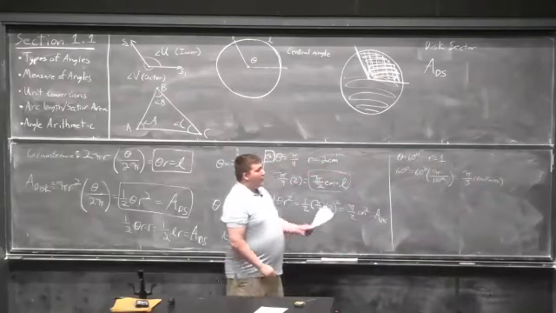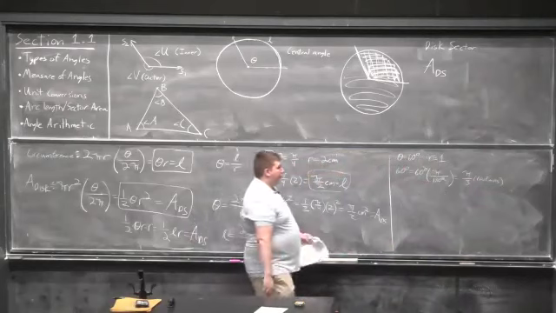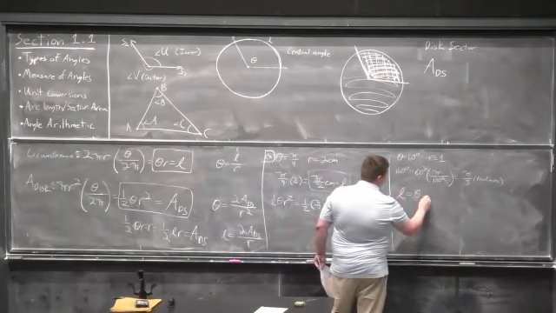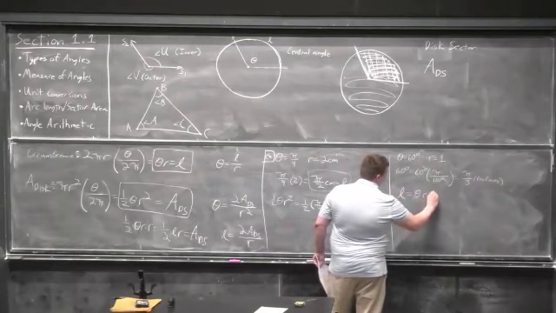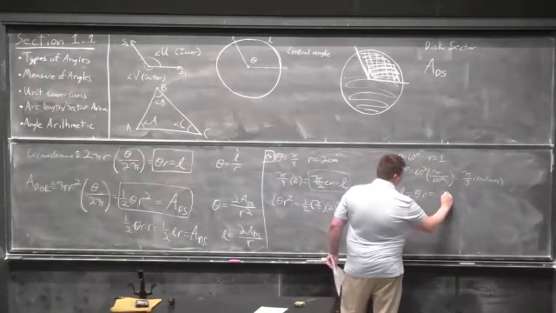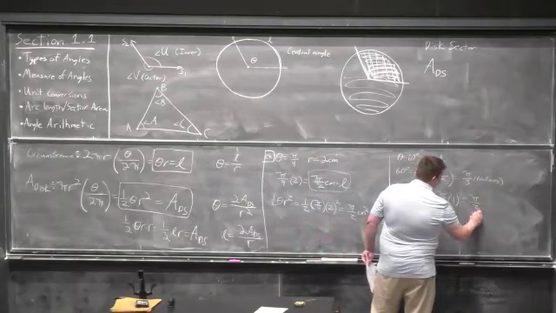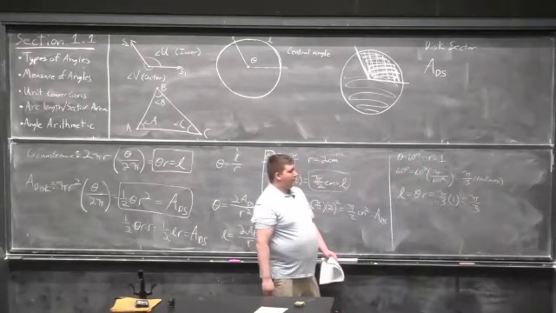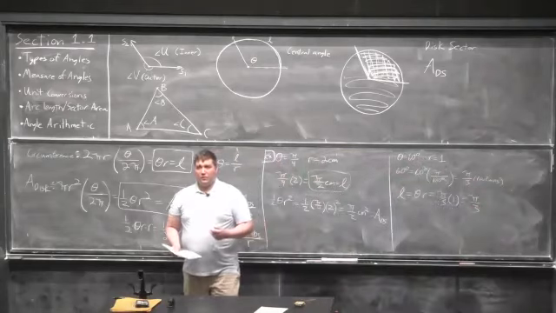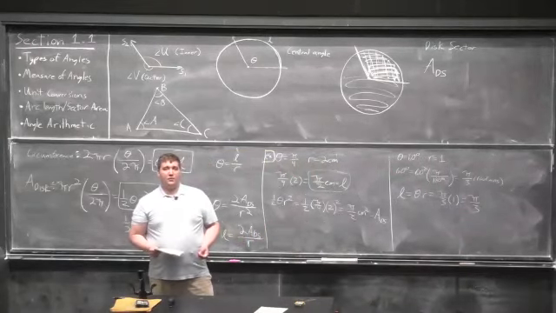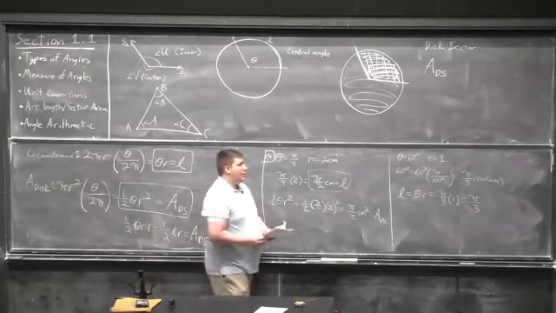Okay. Now I can find my arc length. My arc length, L, is equal to theta r, which is equal to pi over 3 times 1 and equal to pi over 3. Well, this would be incorrect. You wouldn't get full points. Why?